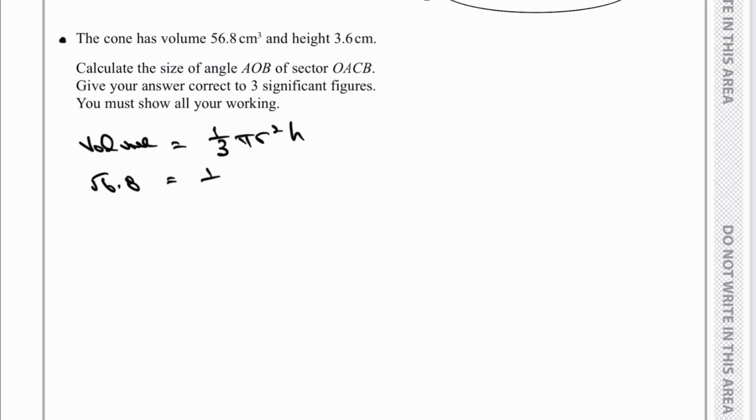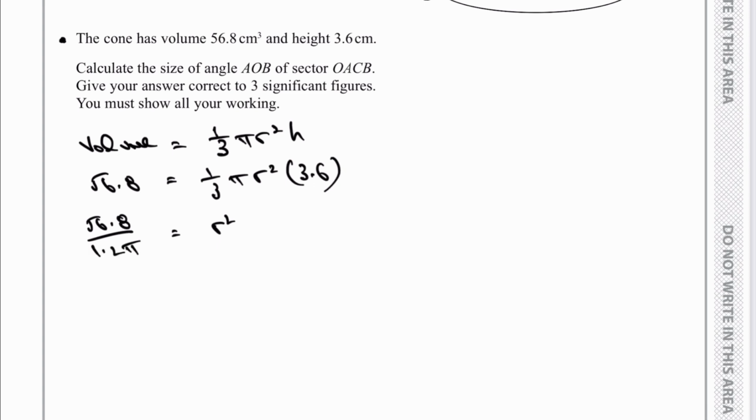I'm also told that the height of the cone is 3.6, so therefore it allows me to use my calculator, and eventually I should get to the point where r squared equals 56.8 divided by 1.2 pi.